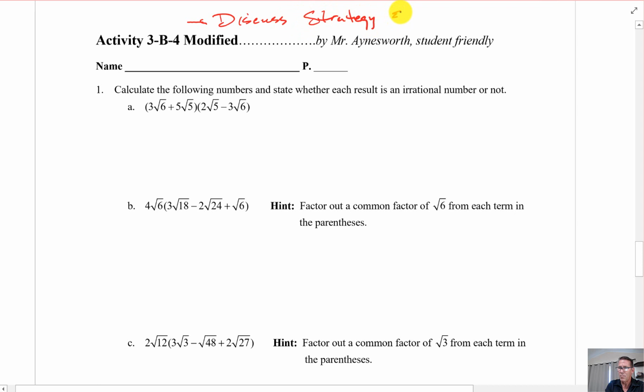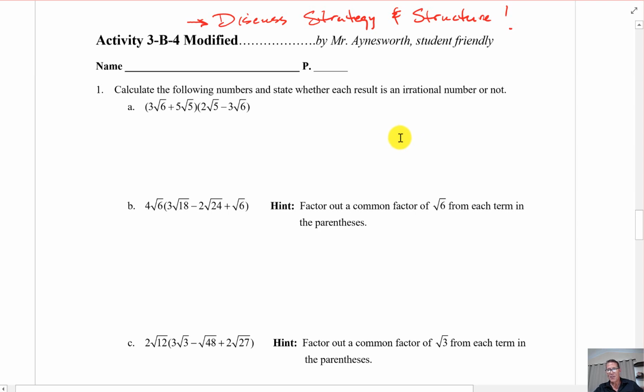When I say strategy, I'm talking about method. Some people in the beginning have a hard time seeing the proper structure, and if you don't see it, maybe your group mates can help you out with it. So keep that in mind. And then when you come back to the main classroom and work with me, I will help you out and we'll discuss the results and learn from it.